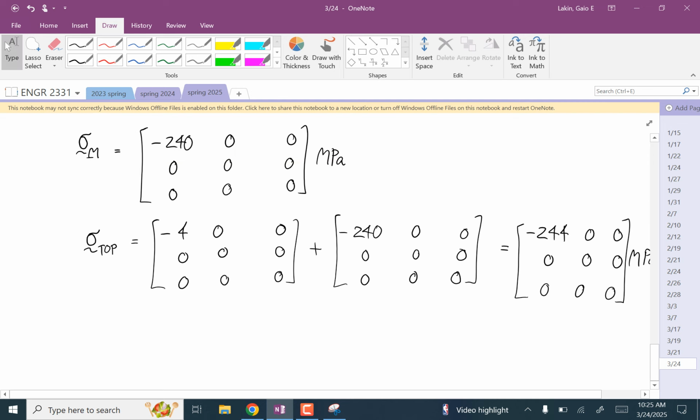Because of the symmetry of that rectangular cross section, we're going to get the exact opposite XX normal stress due to bending, added to a -4, so we're just going to get positive 236.